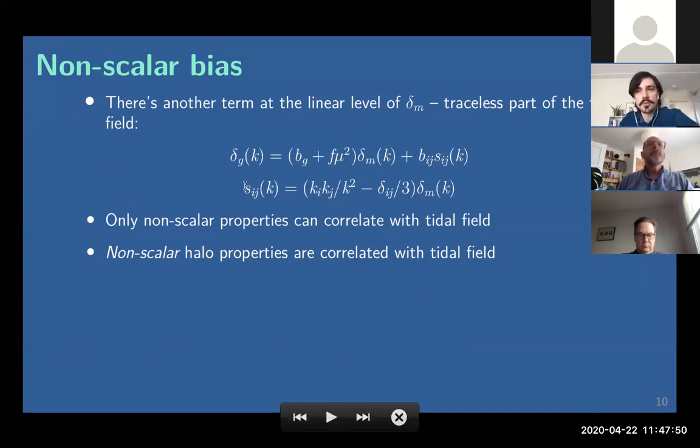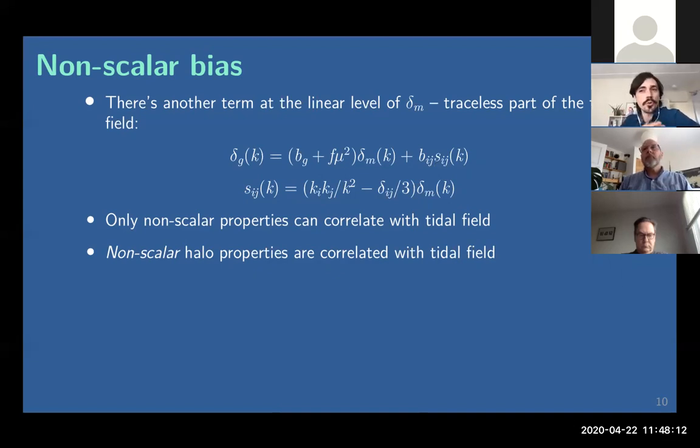The traceless part of the tidal field is defined like this in Fourier space. So this Sij is directly proportional to the matter overdensity. And so this Bij can only be things that correlate with the tidal field, and only non-scalar properties can correlate with the tidal field.